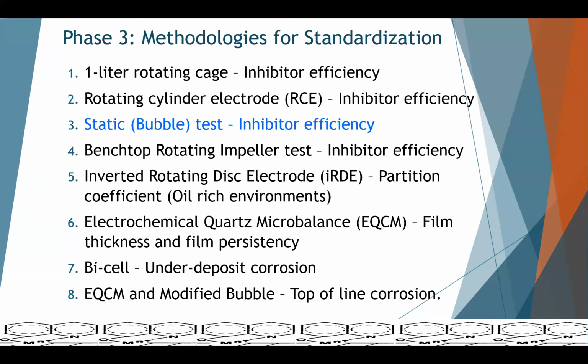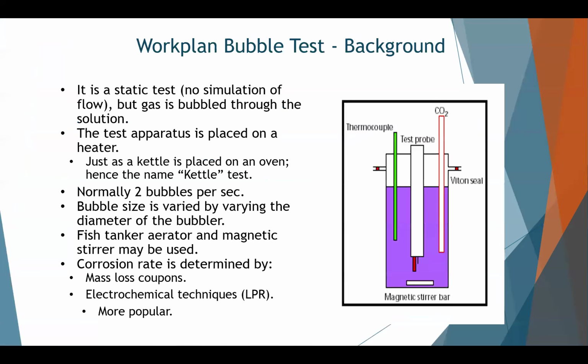In this webinar, let's briefly talk about why static and bubble test standardization is important, even though this is one of the very common tests we all do in our laboratory. Again, let us go back to the background. In our oil and gas industry, we call the static test a bubble test or kettle test.